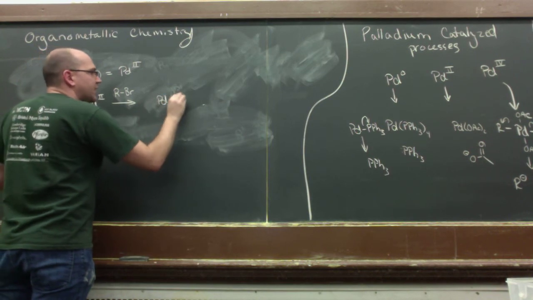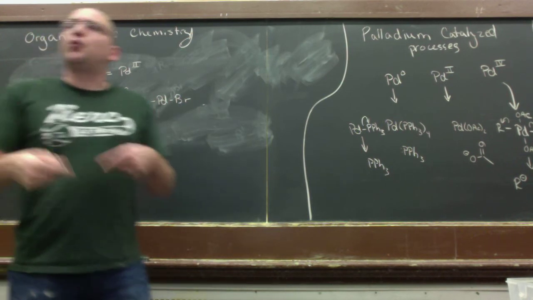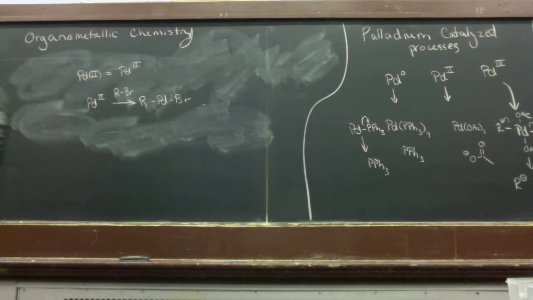This is analogous in many ways to how the magnesium of the Grignard inserted into the carbon-bromine bond. The magnesium inserted in between the two atoms. In this case, it's the palladium that's going to insert between these two.